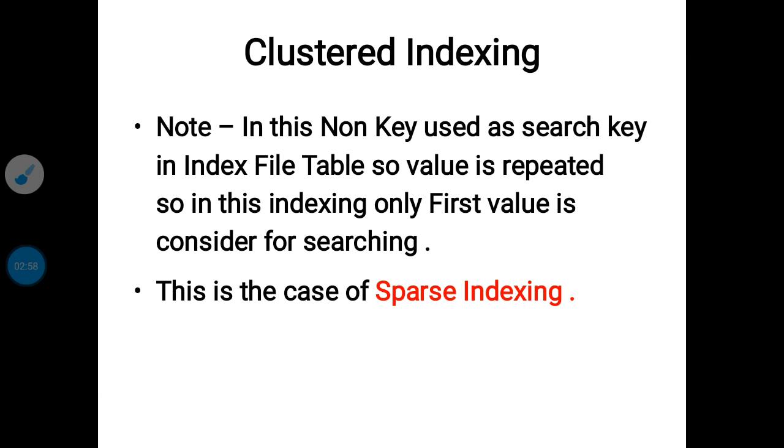Sparse indexing uses only some of the records, some of the tuple values, from the main database for searching, and those values are placed in the cluster index table for smoothly performing and increasing the efficiency of searching. So this is a very good example of sparse indexing.